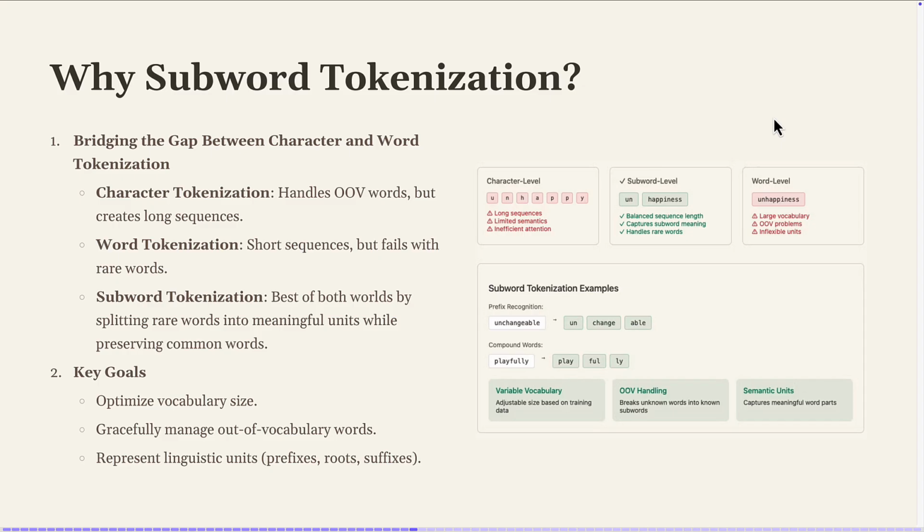It doesn't depend only on the roots, nor on the bare bone language representation, but it depends on all the different characteristics and the morphological structure of the language. And this is why it will be also, maybe more challenging for the transformer to capture the meaning by the word, but still feasible, much more feasible than character level tokenization. So this provides an excellent trade-off between the benefits and the limitations of word tokenization and character level tokenization. And very important, it can handle rare words, because some of the words can be a combination of two different tokens.